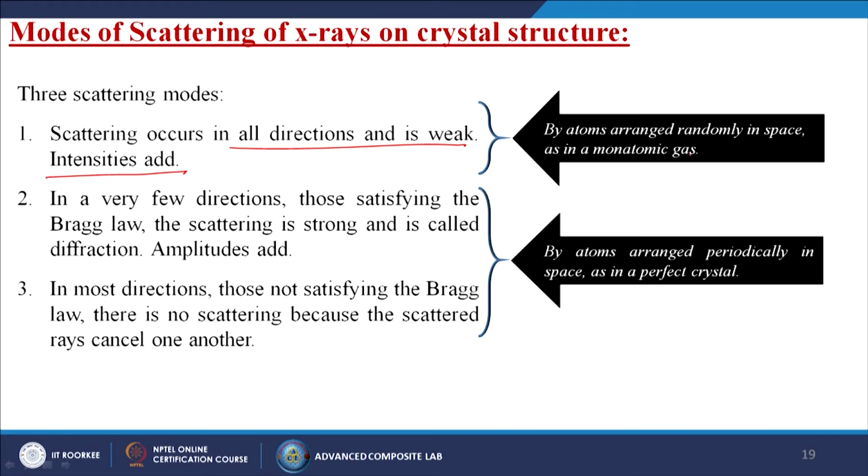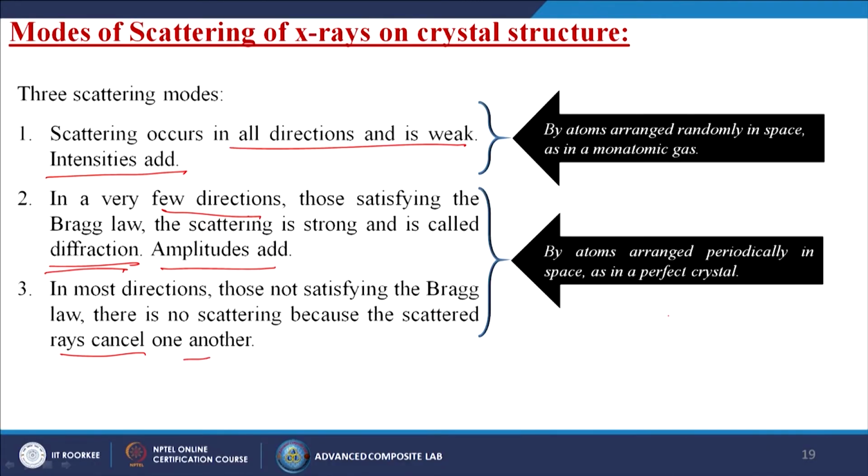The second says in a very few directions, those satisfying Bragg's law, the scattering is strong and is called diffraction, amplitudes add. And third, in most directions, those not satisfying Bragg's law, there is no scattering because the scattered rays cancel one another, by atoms arranged periodically in space as in a perfect crystal.